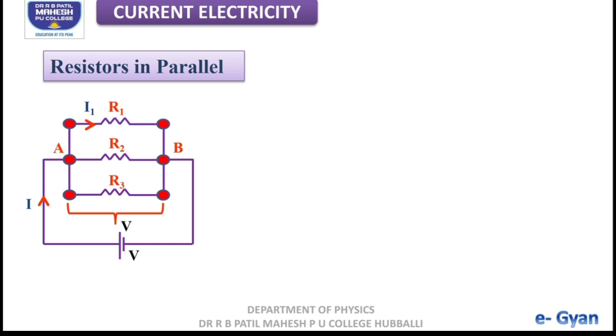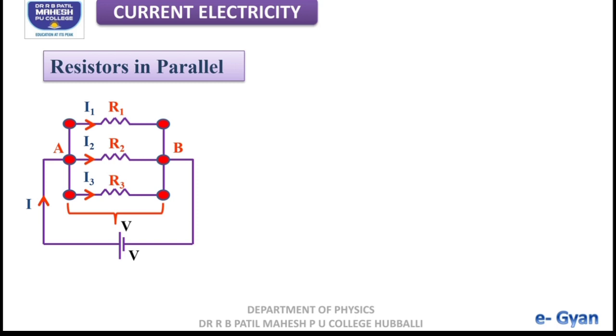Let I1 be the current flowing through R1, I2 is the current flowing through R2, I3 is the current flowing through R3. The sum of all these will give us net current or total current flowing in the circuit.